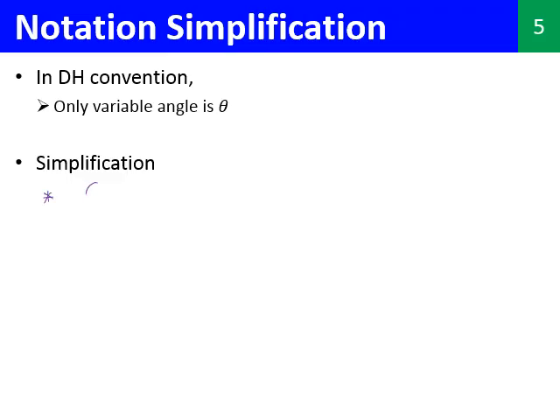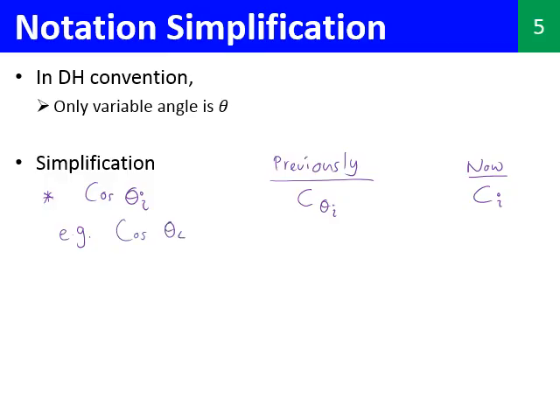If we have cos theta i, previously we used c theta i, and now we are going to use just ci. For example, let's take cos theta 4. So that's c theta 4 previously. Now it's going to be just c4.